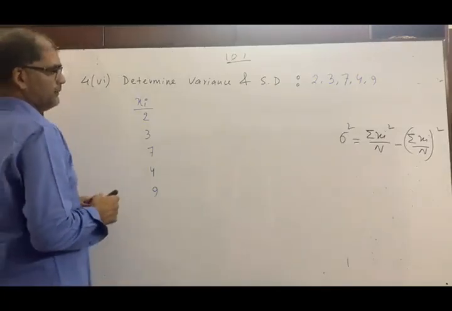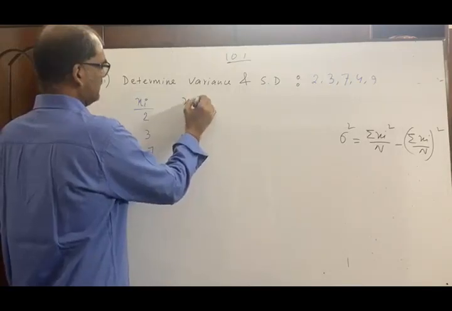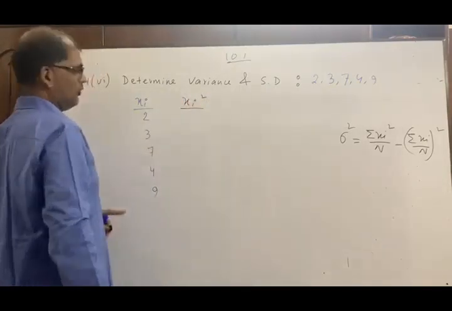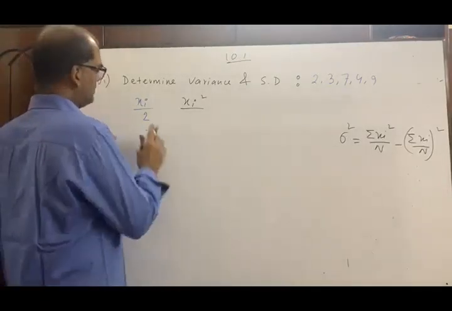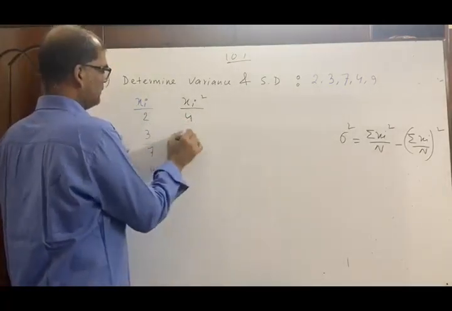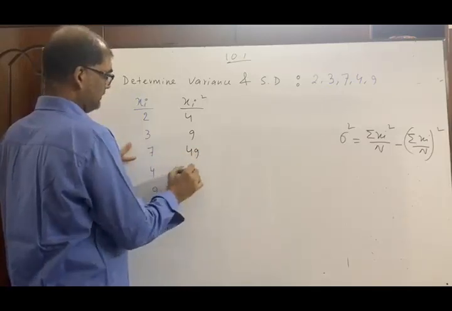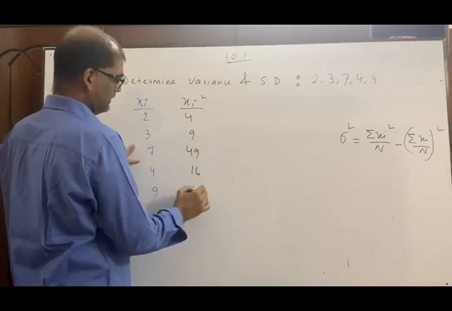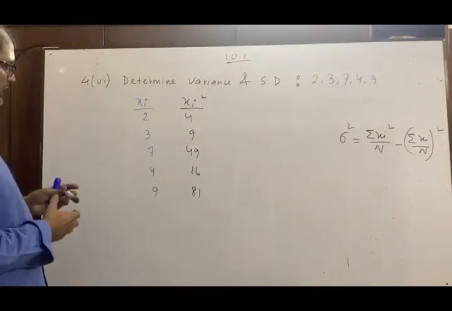Then what is xi square? Xi square equals to 4, 9, 49, 16, 81. Okay? Now you add all this.